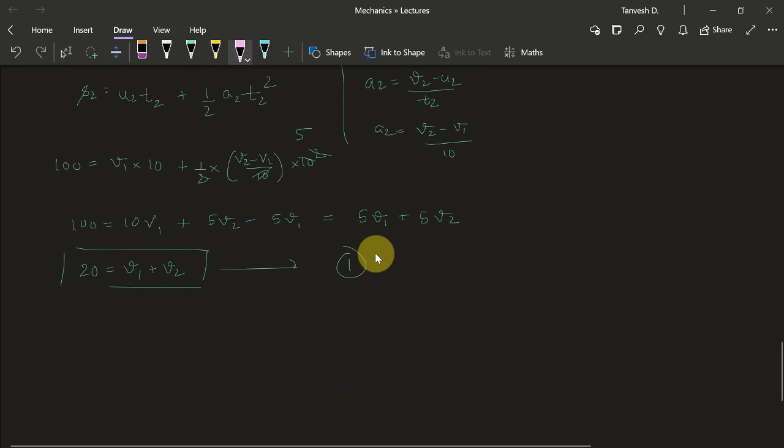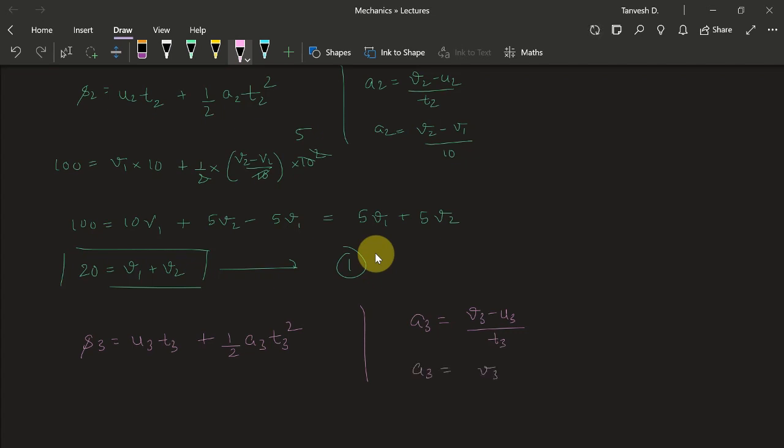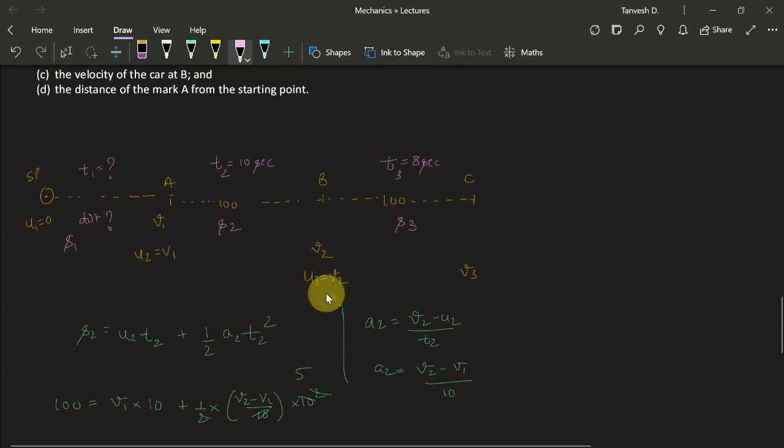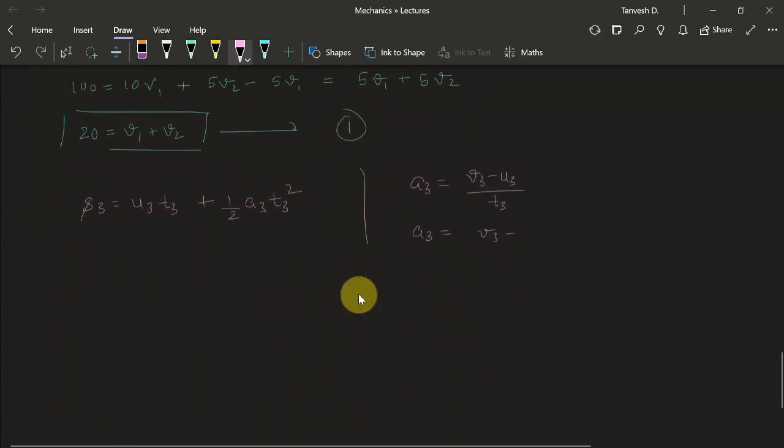Second equation, let me say S3 is U3 T3 plus half A3 T3 square, where A3 is equal to V3 minus U3 upon T3. A3 is equal to V3 minus U3, and U3 is equal to V2. So V3 minus V2 upon T3. T3 is again 8 seconds basically. And S3 is 100.